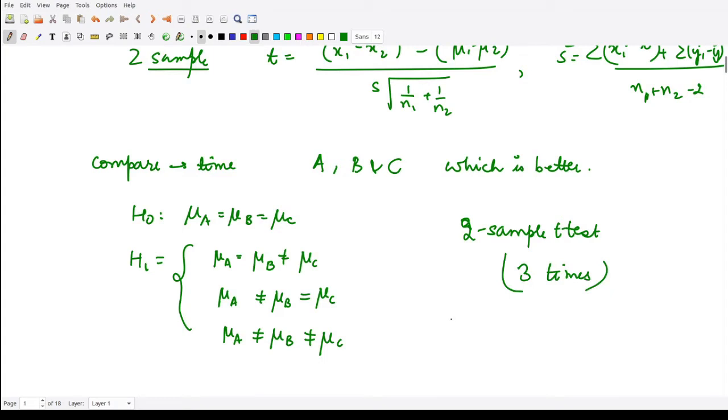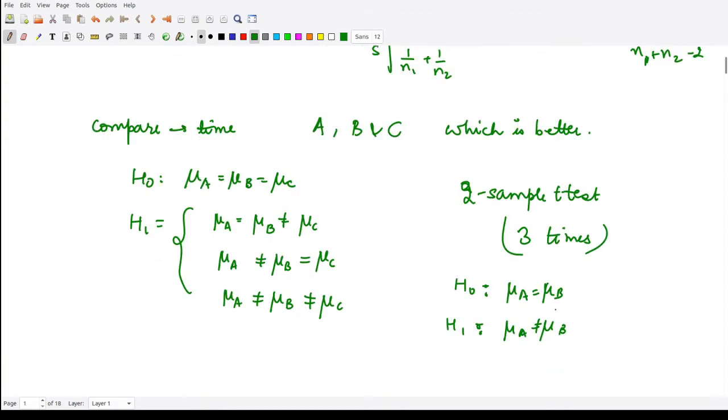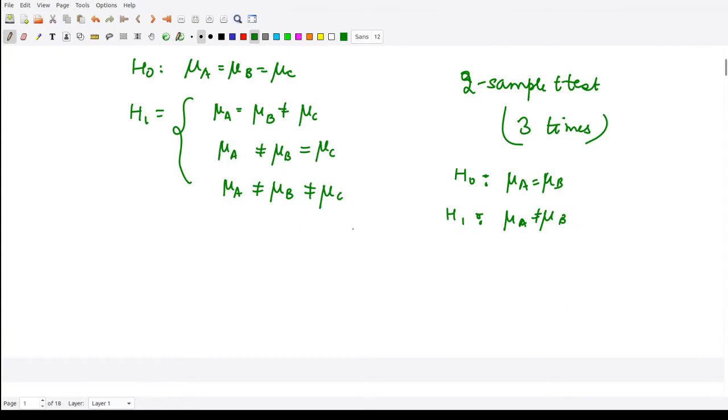In the first case you consider your H naught to be mu A is equal to mu B, and H1 as mu A not equal to mu B. In the second case you could consider H naught as mu A is equal to mu C, and in the third case you could consider H naught as mu B is equal to mu C. So this is how you could compare these using the t-test applied 3 times. So that would be inconvenient.